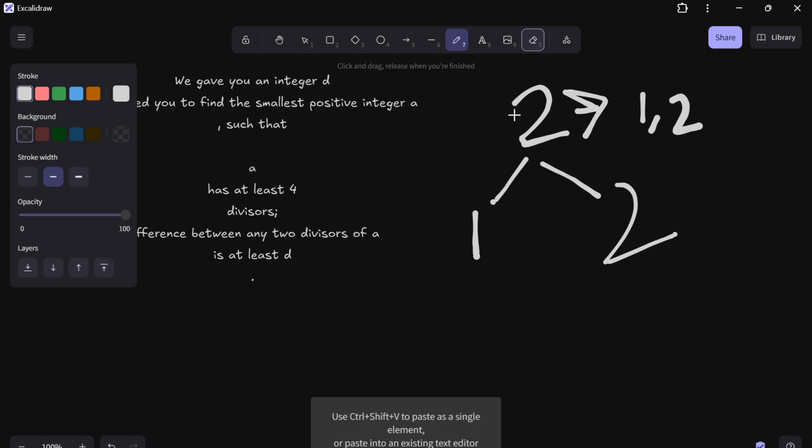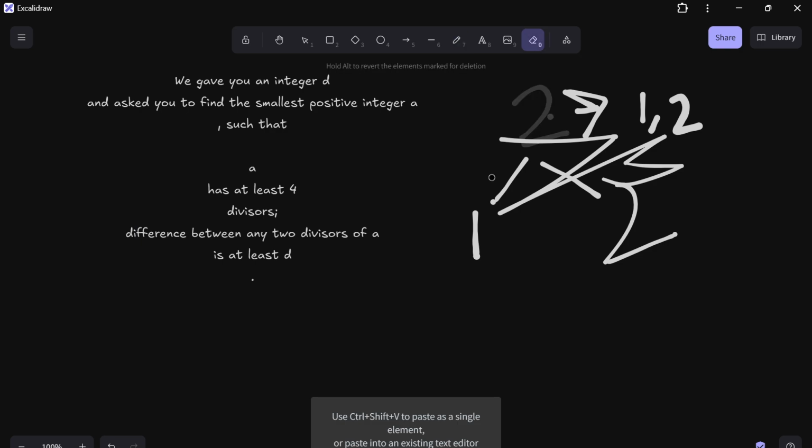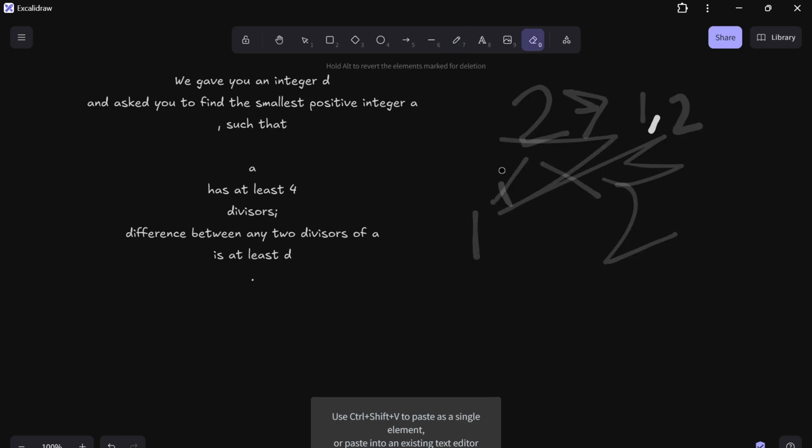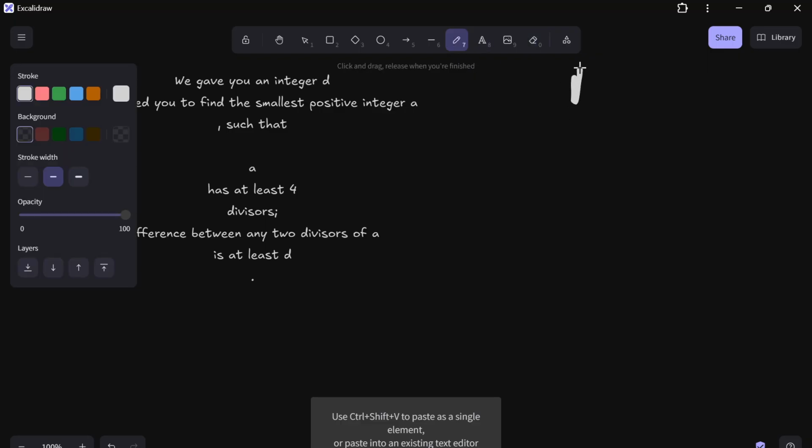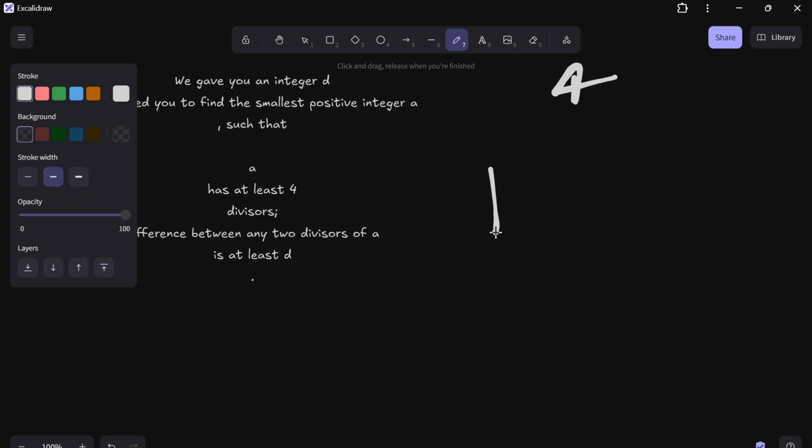Similarly, if you take any other example, suppose we take 4. So 4 has the divisors 1, 2, and 4.